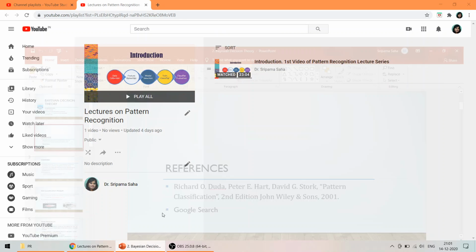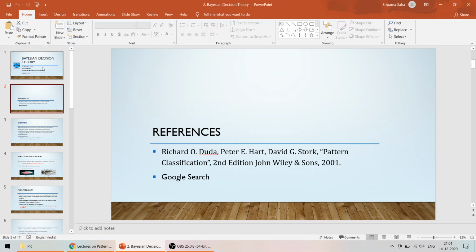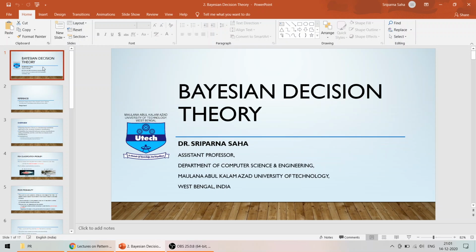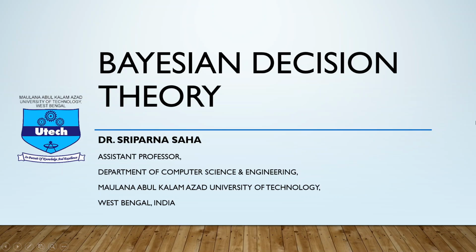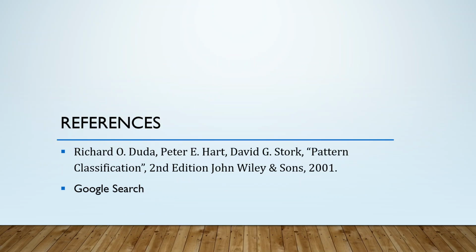Today we'll be moving into our first algorithm in pattern recognition, that is the Bayesian decision theory. By this algorithm we can recognize patterns. This lecture video has been inspired by this book.